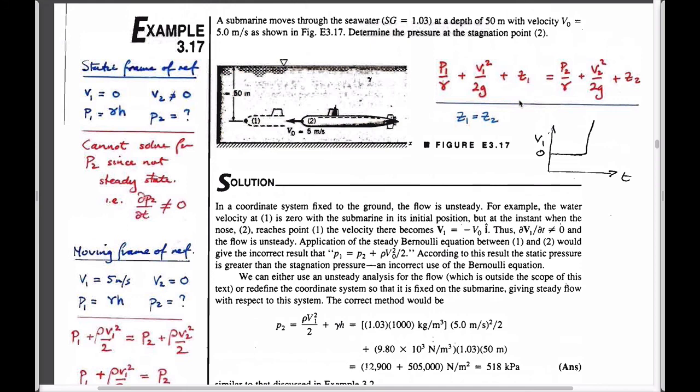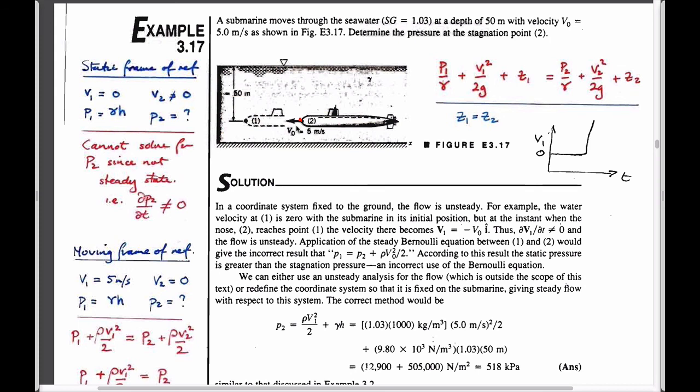It worked just fine for the jet airplane with the static truck and the air hitting the truck, because if you took a snapshot of the truck being hit by the air, it would look exactly the same at any particular time. If we wanted to calculate the pressure, for instance, on the nose of this submarine as it goes through the water, then we could use the same kind of thing.